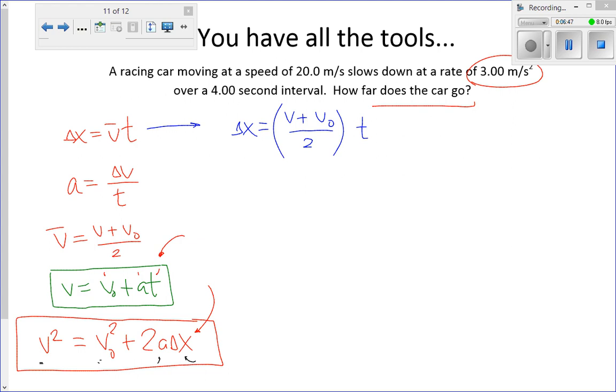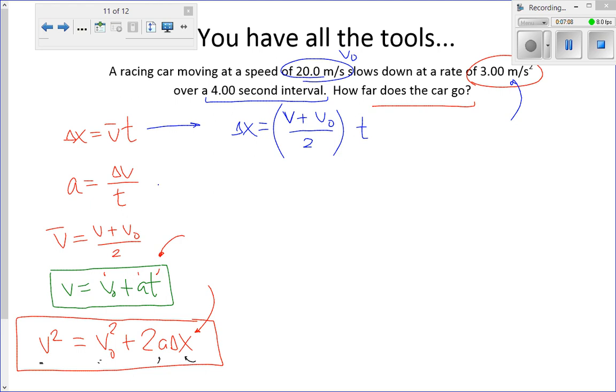Now, what do we know? We know t, the 4-second interval. We know it starts at this speed, this is our v naught. We know a, but we don't know what v is, the speed that it gets to.